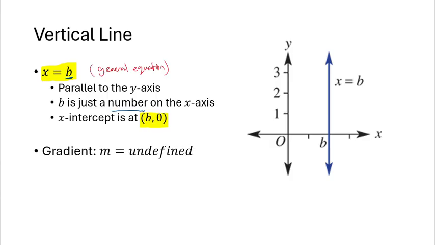The letter b here is just a number. And the x-intercept is at (b, 0). So whatever the value b is, that is going to be the x-intercept right there. Now the gradient for a vertical line is undefined. You must make sure you know that.